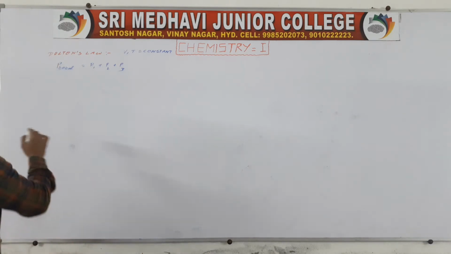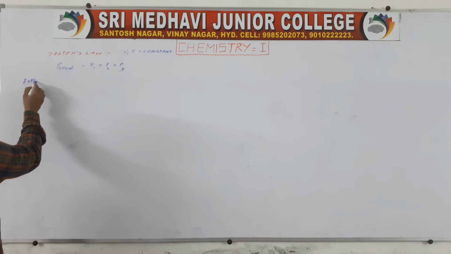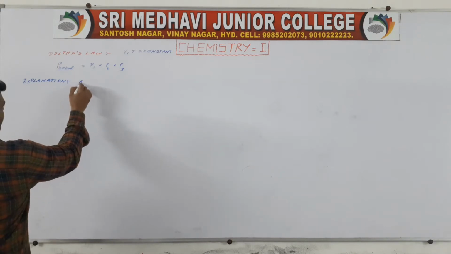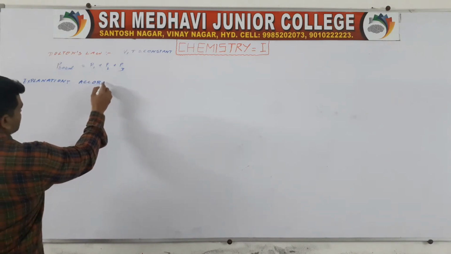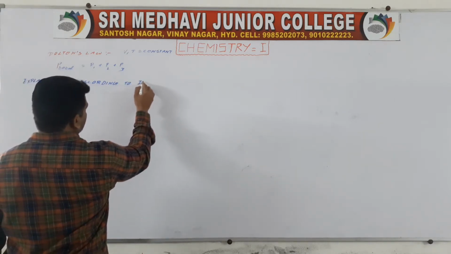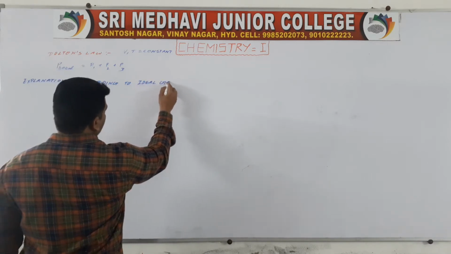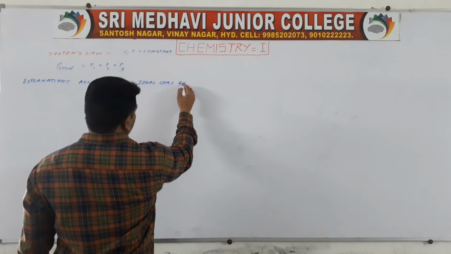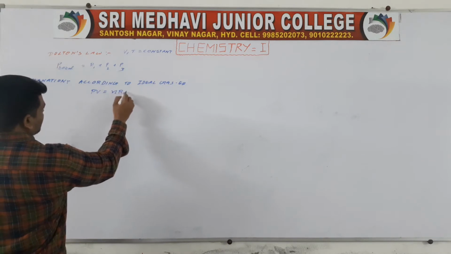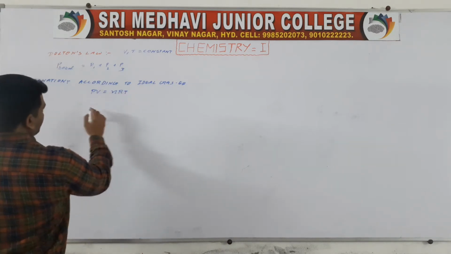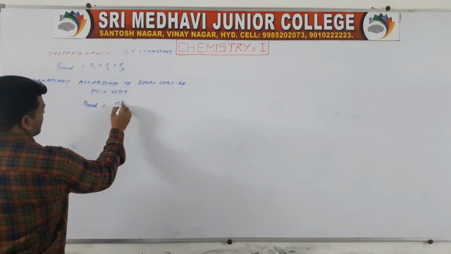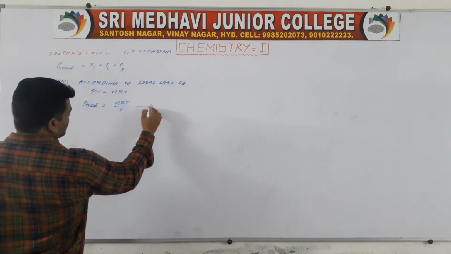According to the ideal gas equation, PV equals nRT. From this, P total is equal to nRT by V. It is equation number 1.